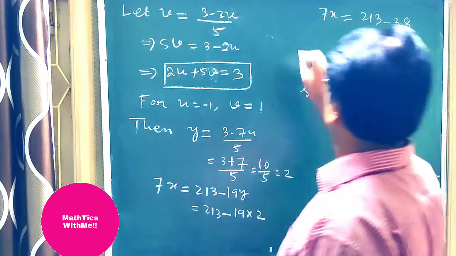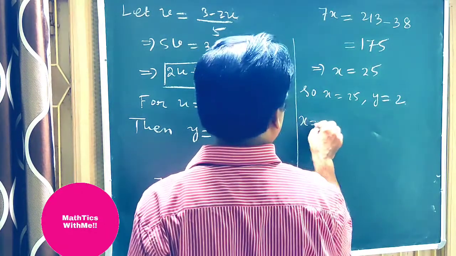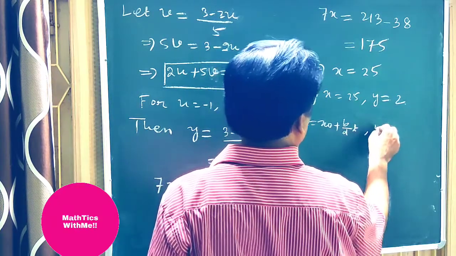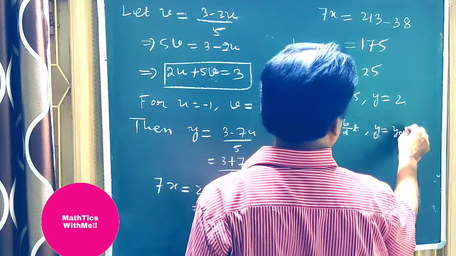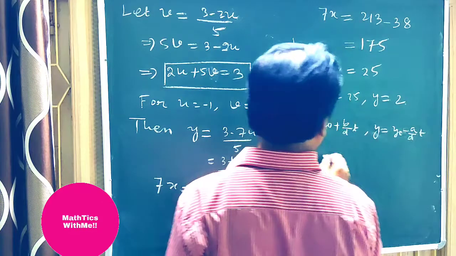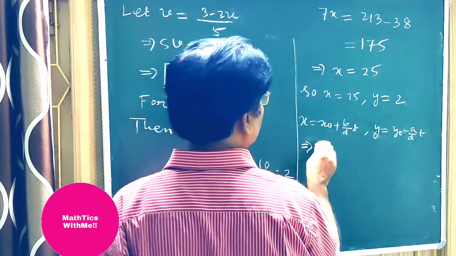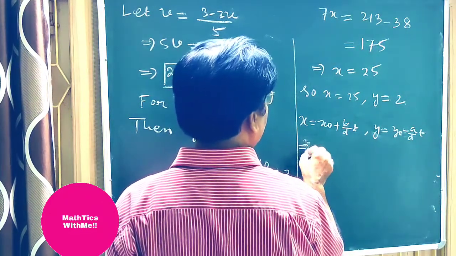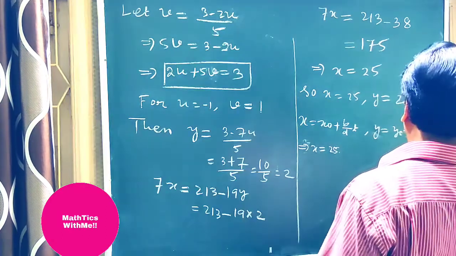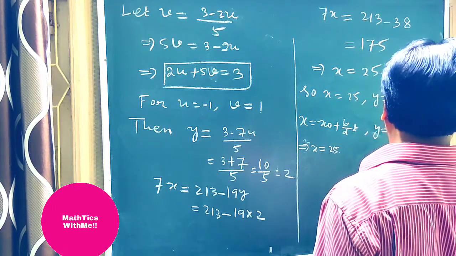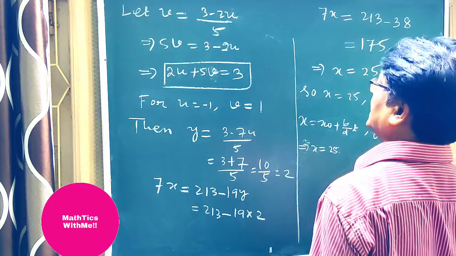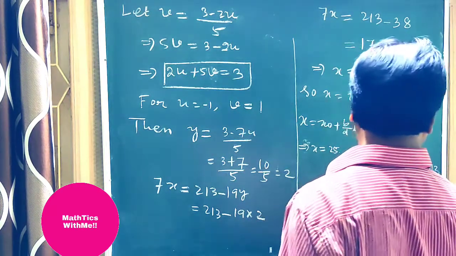Then the general solution is x is equal to x0 plus (b/d)t, y is equal to y0 minus (a/d)t. We have 7x plus 19y is equal to 213, so this question is given to us.